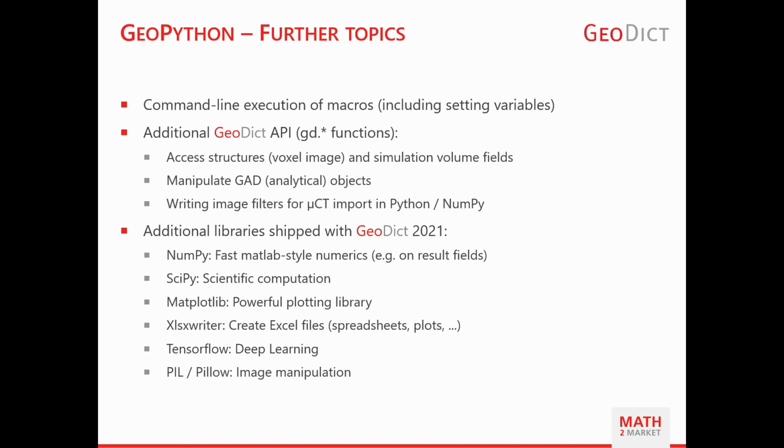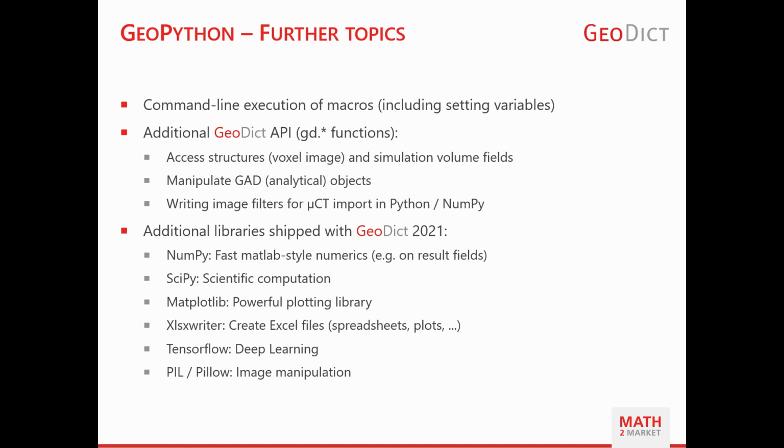And it does so with relatively high performance because you get access via NumPy arrays, which allow you to quickly do computations, for example, on these images. And you can also manipulate GeoObjects, as we call them, which are the analytical objects. So for example, if you generate a fiber structure, you not only have the voxel image, but Geodict also still knows the underlying fibers, basically like a chain of cylinders, if you will.